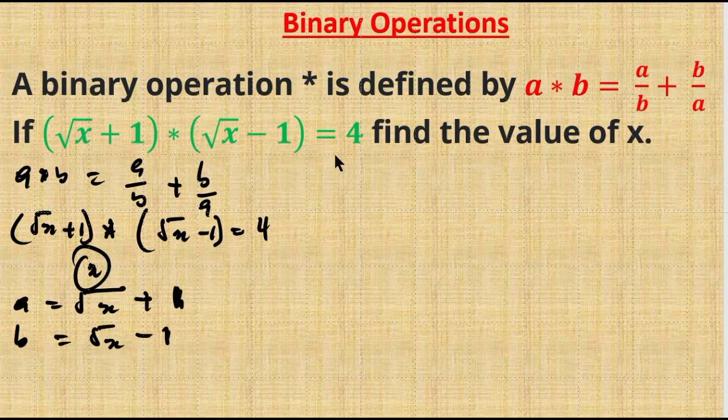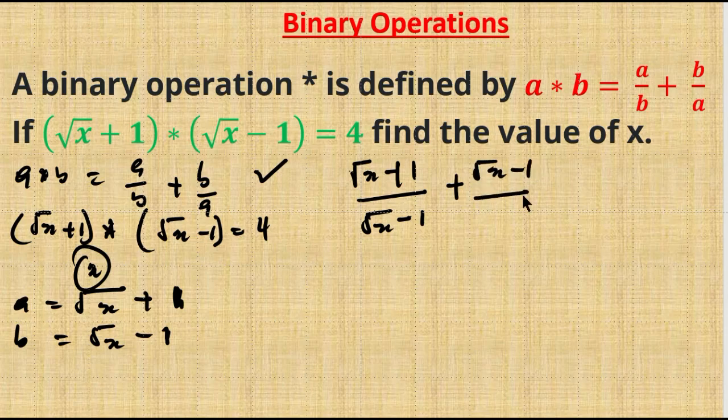So, if I substitute in this equation, I will have A asterisk B to be the same thing as the root of x plus 1 all over the root of x minus 1 plus the root of x minus 1 all over the root of x plus 1 is equal to 4.